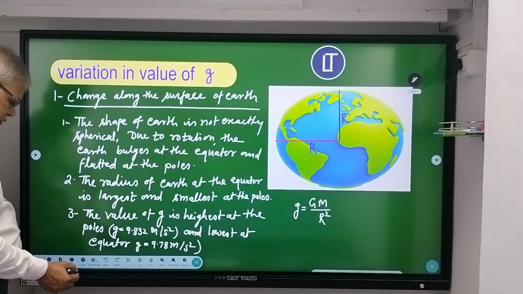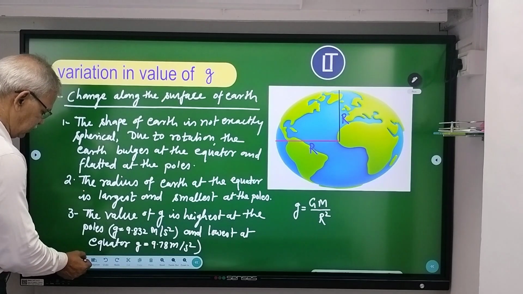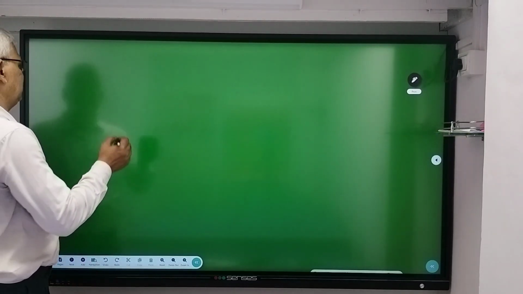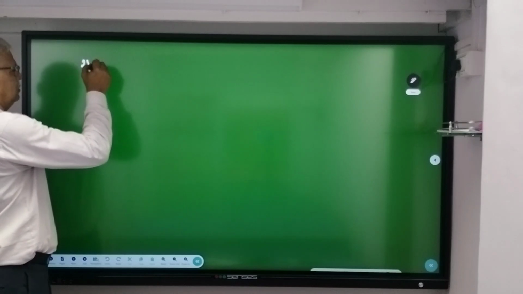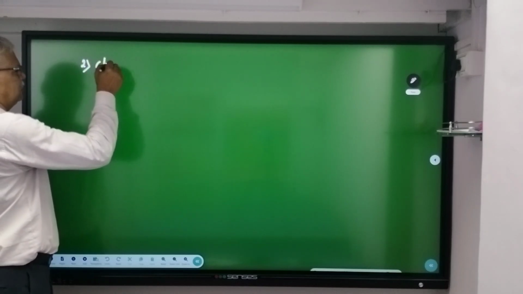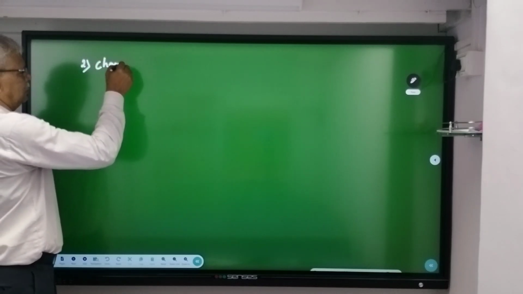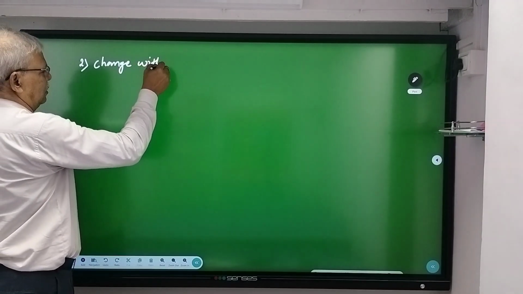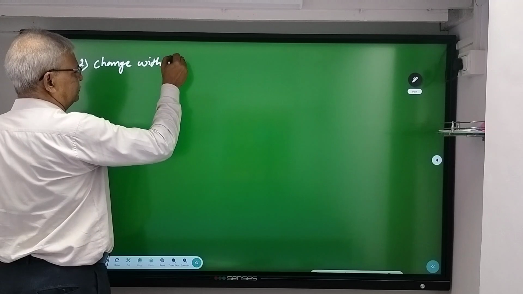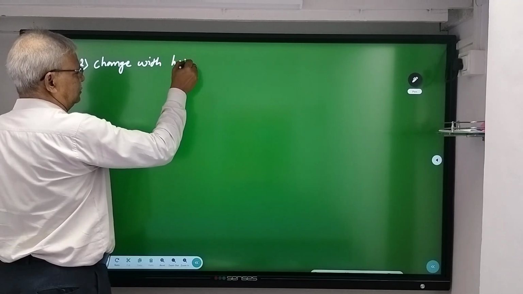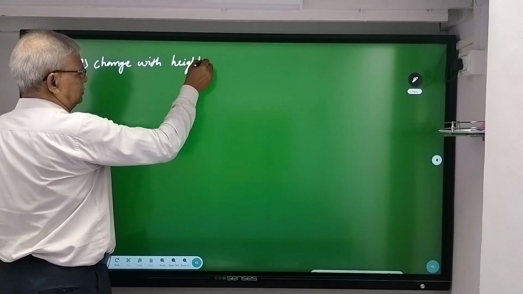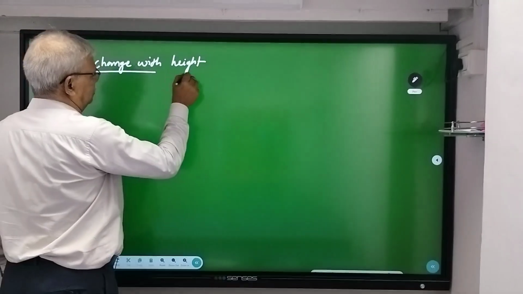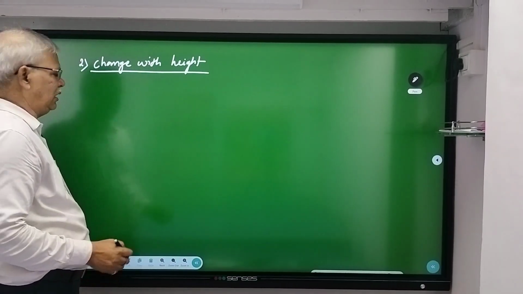Now the next one, that is change with height. Change with height.